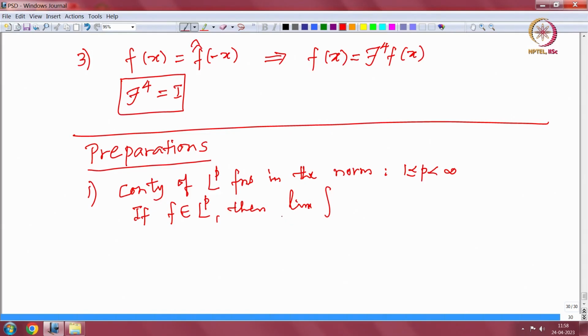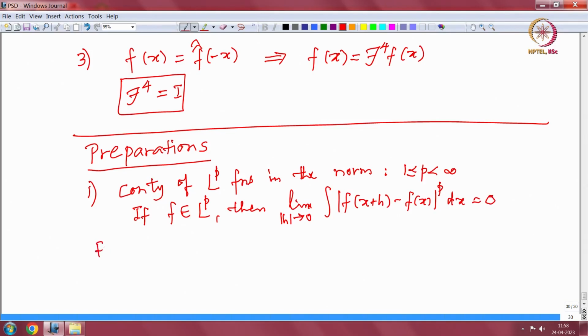We have already seen this one: the Lp norm of f of x plus h minus f of x, to the power p, tends to 0 as h goes to 0. Okay. So, how do we rephrase this?